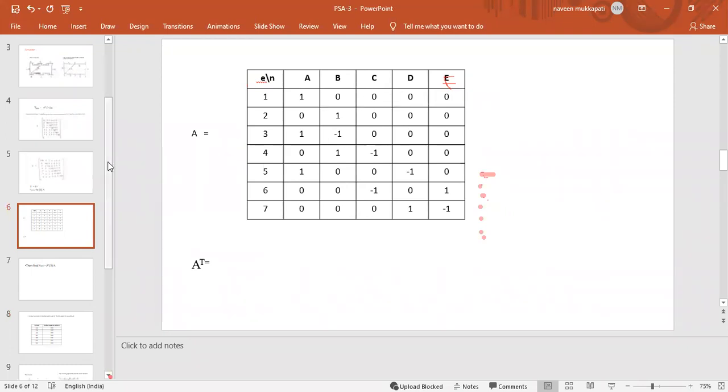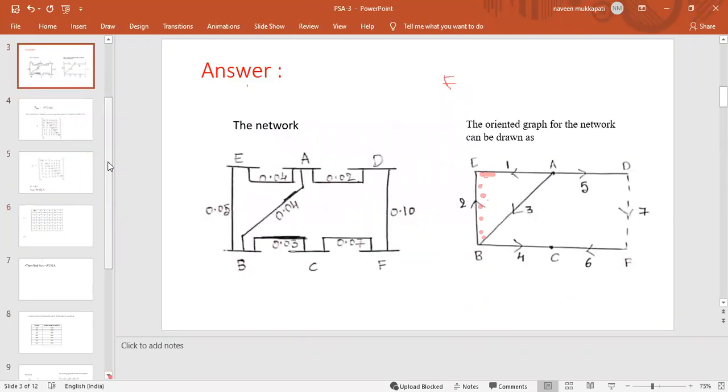Next, element 2. Element 2 is between B and E. E is the reference, therefore we only take the B node, and the other nodes are not incident.